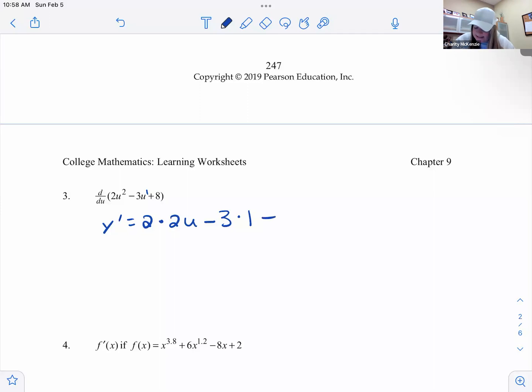Okay, and then 8 is going to go to 0. All numbers go to 0. So we can write this as 4u minus 3. So I can look at this and go 2 times 2 is 4, 4. 2 minus 1 is 1, 1. And this will drop off. So I have -3, -3, and the 8 goes to 0. Okay.